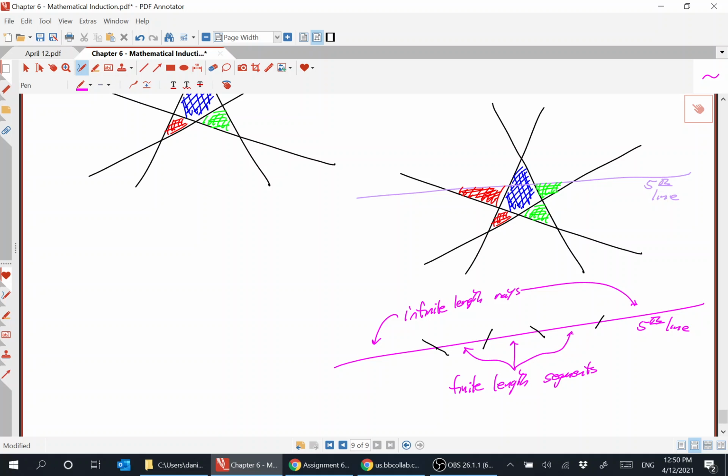So suppose I have a finite length segment. Can a finite length segment take an infinite region and divide it into 2 infinite regions? Can a line segment of finite length divide an infinite region into 2 infinite subregions?